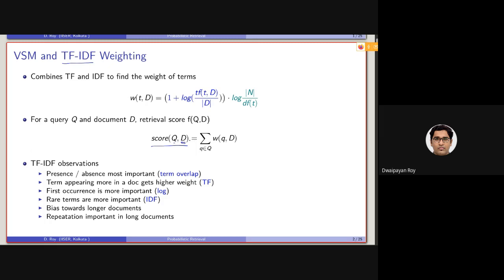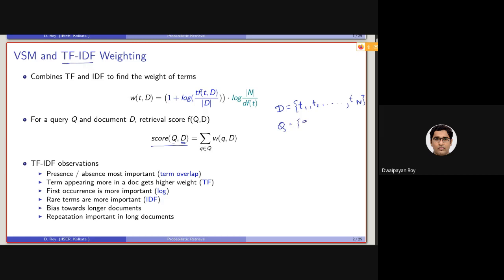What we have discussed in the vector space model is that we will be assigning weights on all the terms in a document D, and correspondingly we will be doing the same for the query as well.